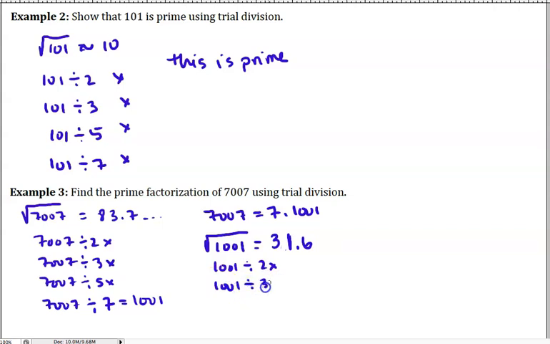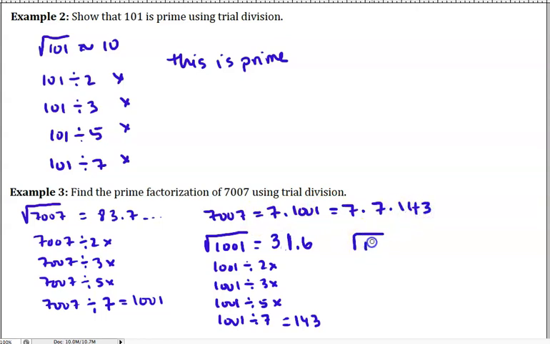It doesn't divide by 3. It does not divide by 5. Does it divide by 7? Probably not. It does, actually. It does divide by 7, giving 143. So 7007 is 7 times 7 times 143.